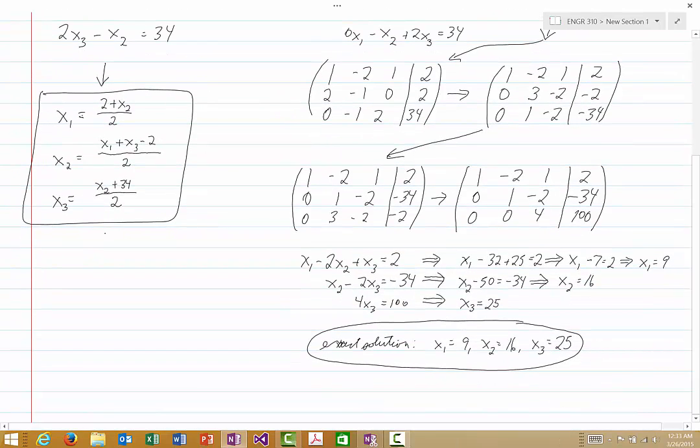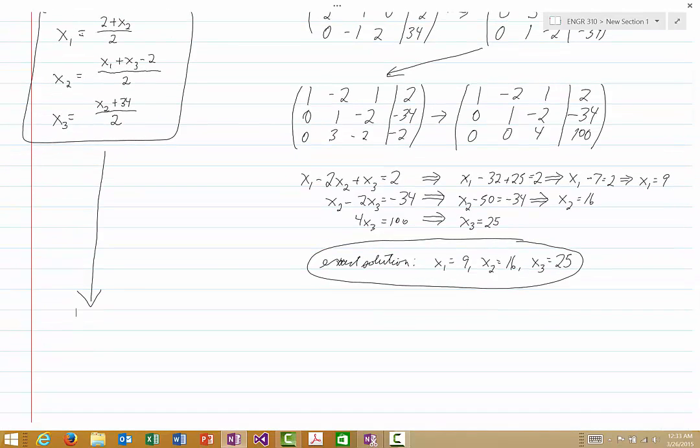Now, to do this numerically, what we will do is the following. We're going to have what we will call update equations. Actually, let me say this first.